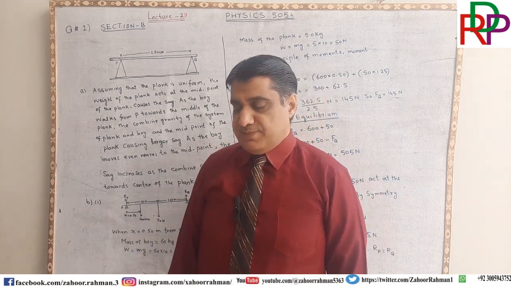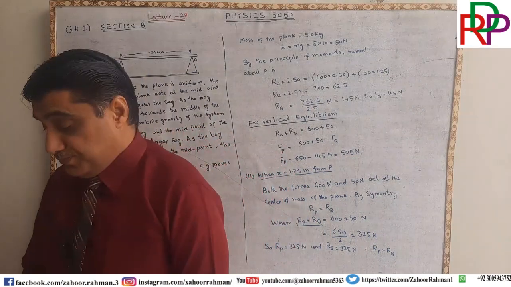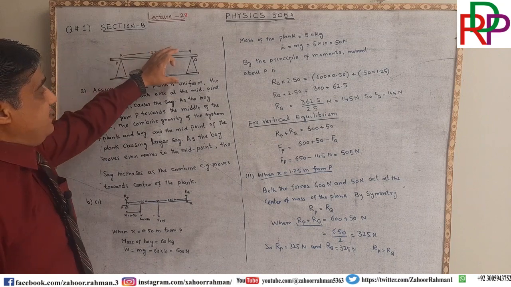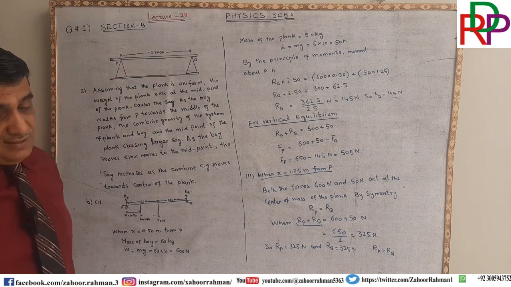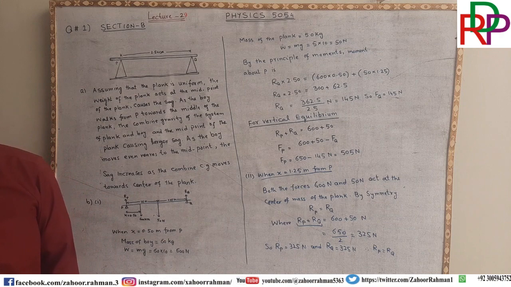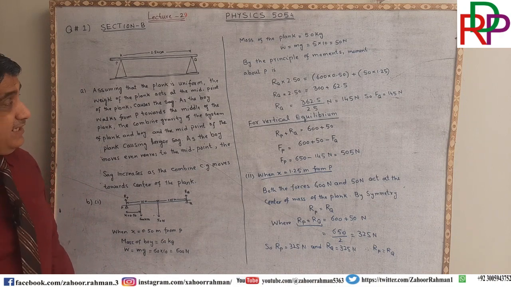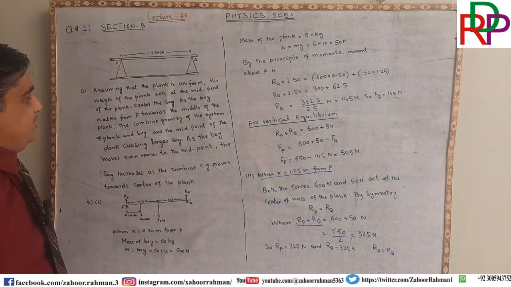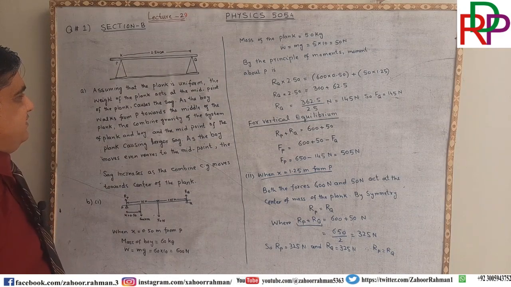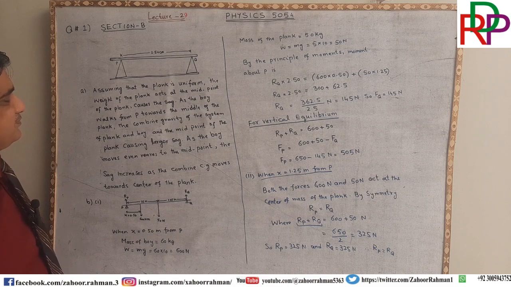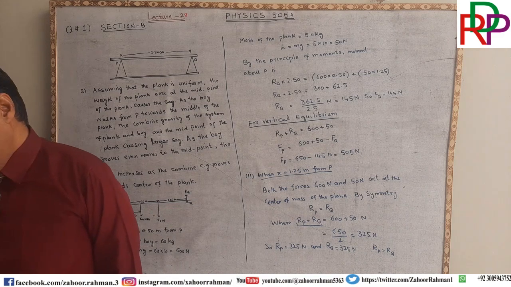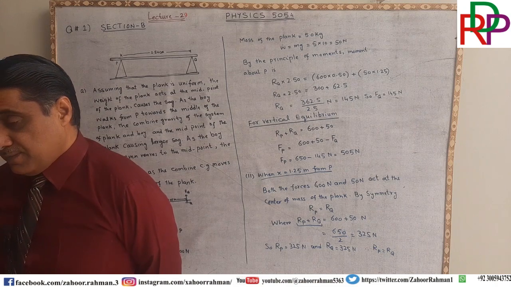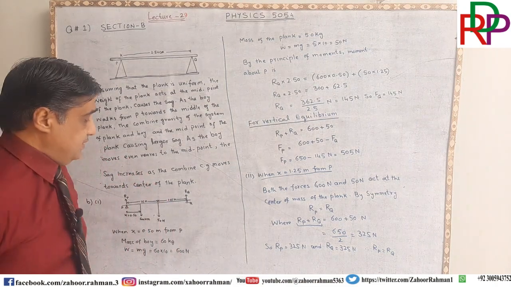So let us understand the question. They have given us this figure on page number 77. Exactly, I portrayed it in the same fashion as it is given in the book. A figure shows a plank of mass 5 kilogram.